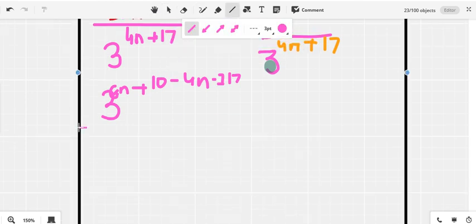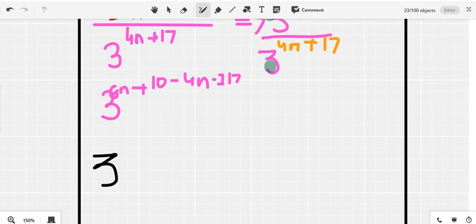So 3 to the power of 6n and minus 4n, they are like terms, so I'm rewriting with each other, plus 10 minus 17.